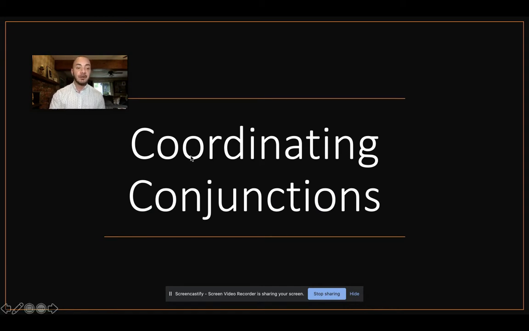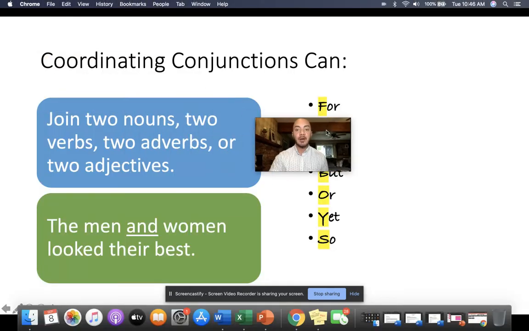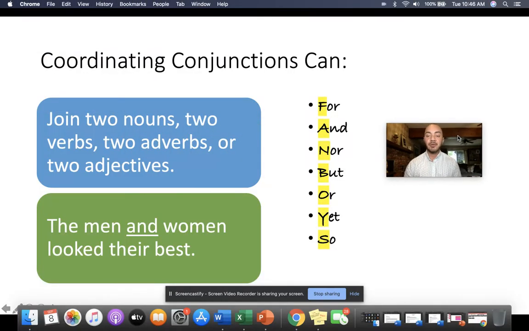Coordinating conjunctions are the conjunctions that you will use most often. They can do a number of things, including join 2 words, join 2 phrases, or join 2 simple sentences. The way we remember our coordinating conjunctions is with the acronym FANBOYS. It stands for for, and, nor, but, or, yet, and so.